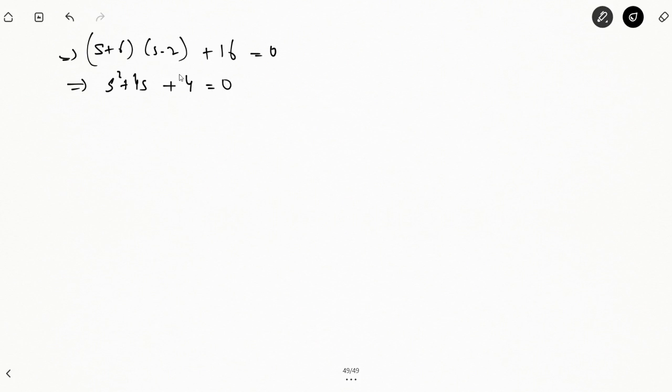So we have this system s square plus 4s plus 4 equal to 0.